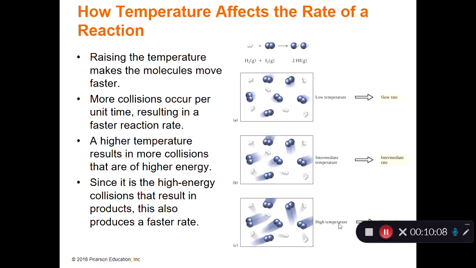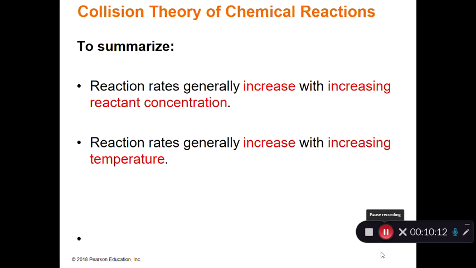So high temperature is going to make the fast rate as well. If I summarize all the information I reviewed here: if we increase concentration of the reactants, we are going to see a faster rate. If we increase the temperature, we are going to see a faster rate.